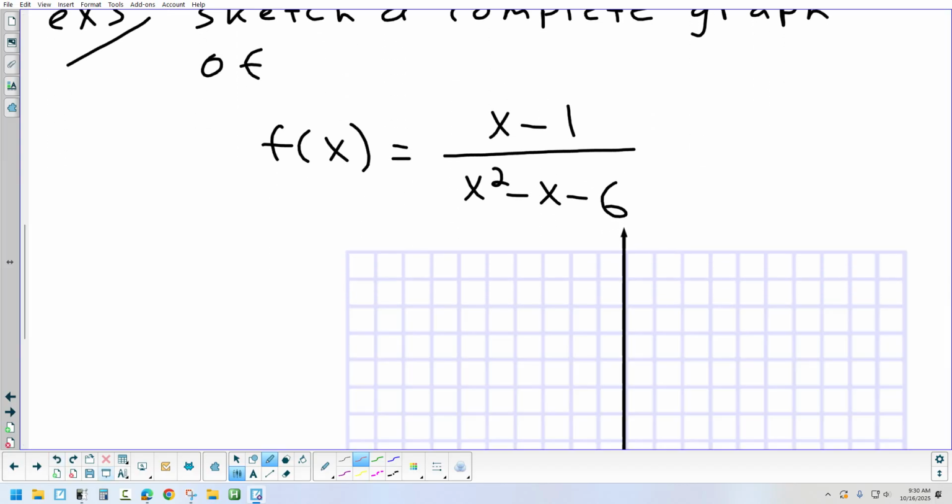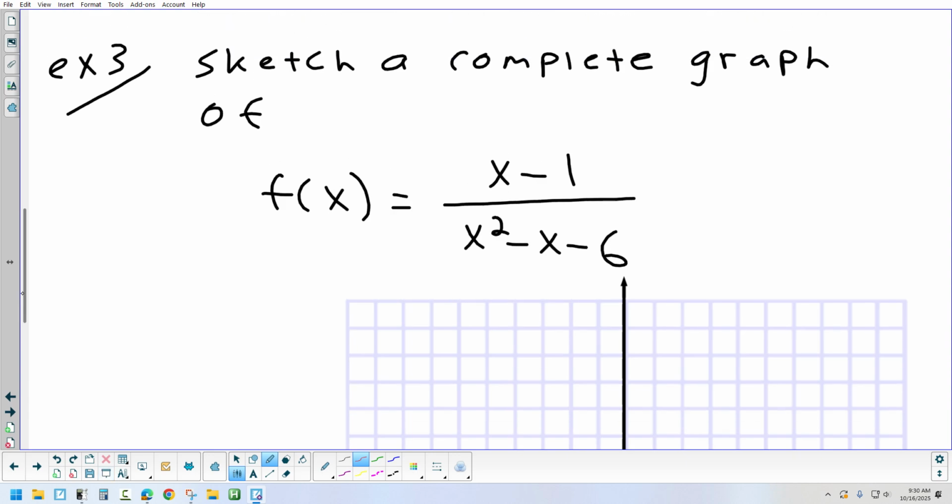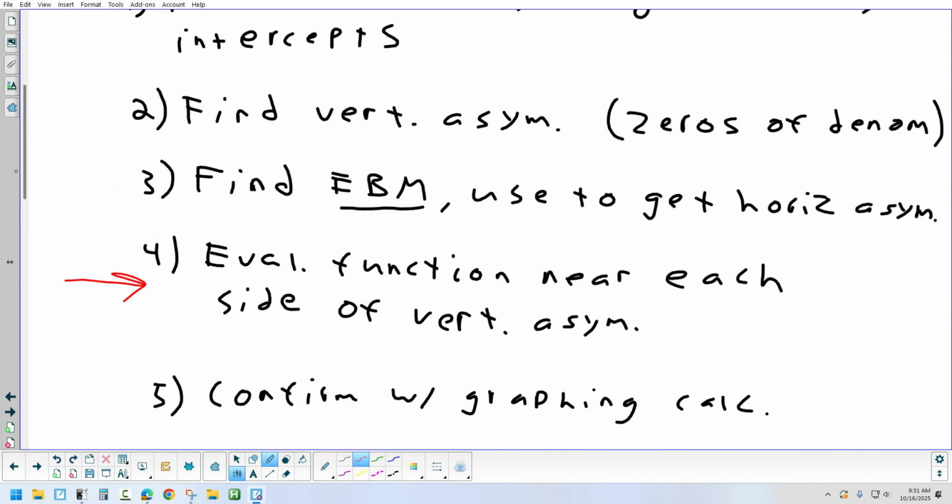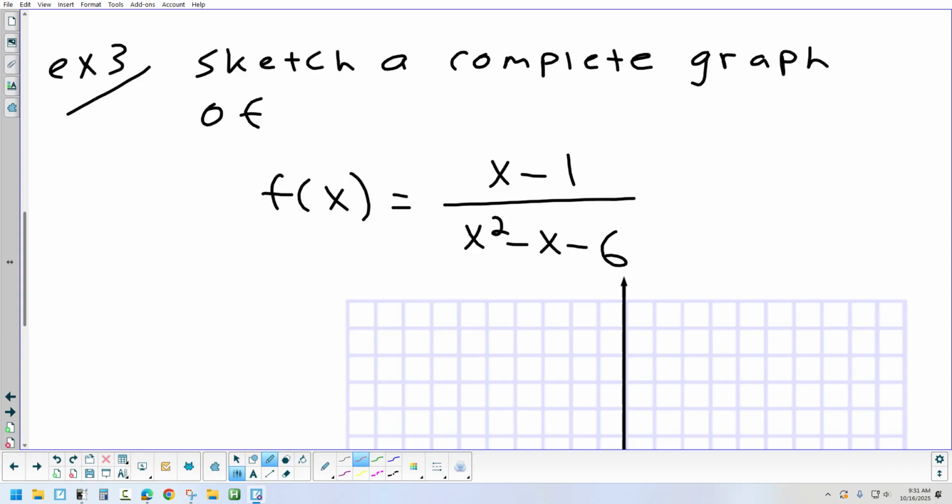Okay, so sketch a complete graph. What's something we might want to do with the denominator first? Because that's definitely going to help us when we need to find vertical asymptotes. Yep, factor. We're going to have to factor it right away. Worst case scenario, we need to use the quadratic formula, but hopefully not.